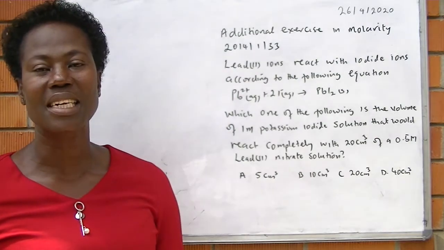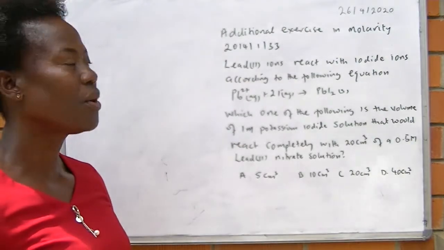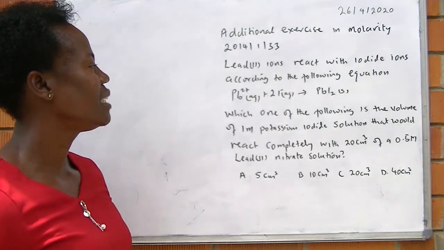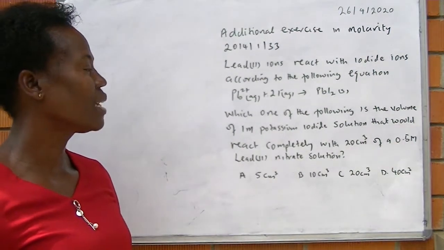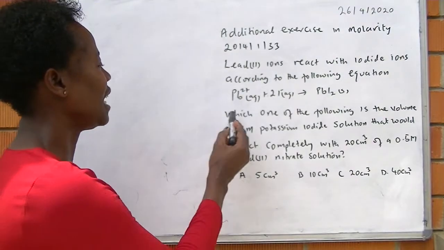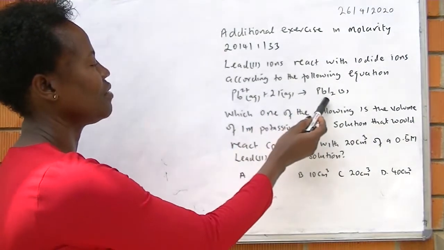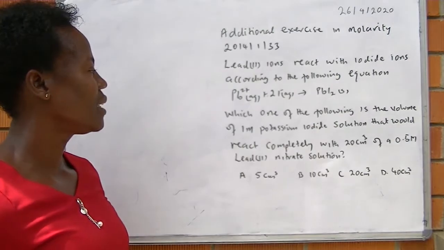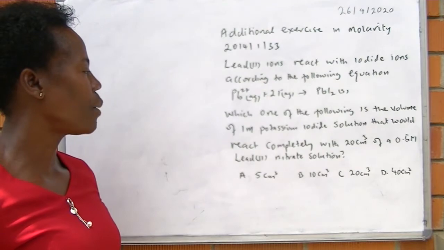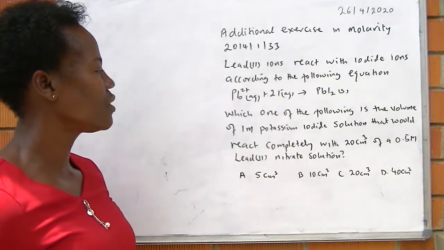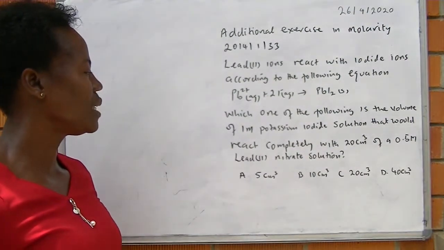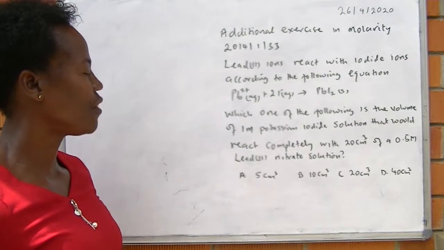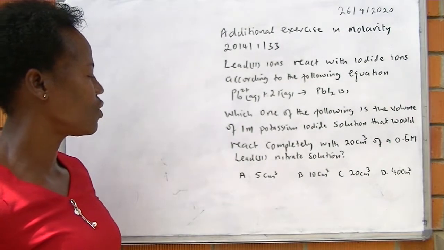We have number 33 in 2004, paper 1. Lead ions react with iodide ions according to the following equation. We are given lead ions plus iodide ions to give us lead 2 iodide. Which one of the following is the volume of 1 molar potassium iodide solution that will react completely with 20 cubic centimeters of 0.5 molar lead 2 nitrate solution?